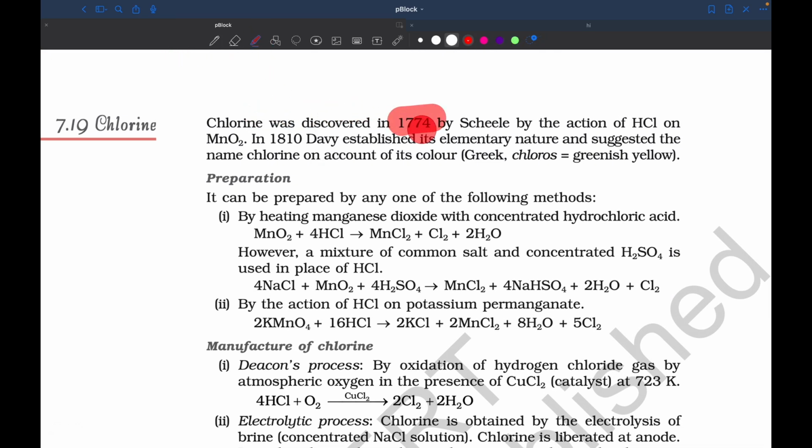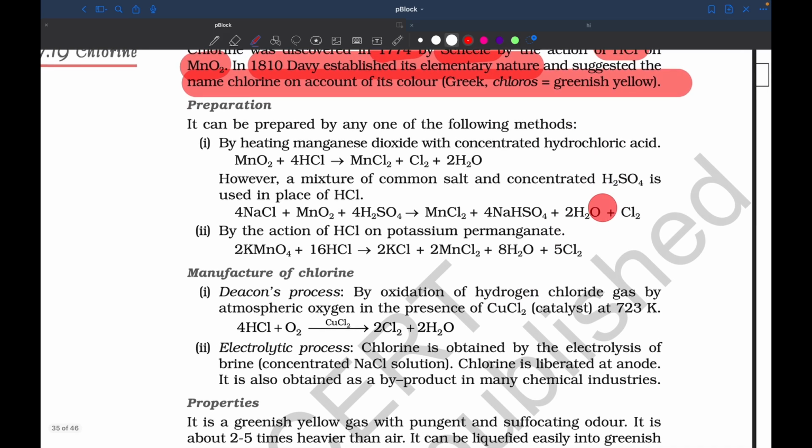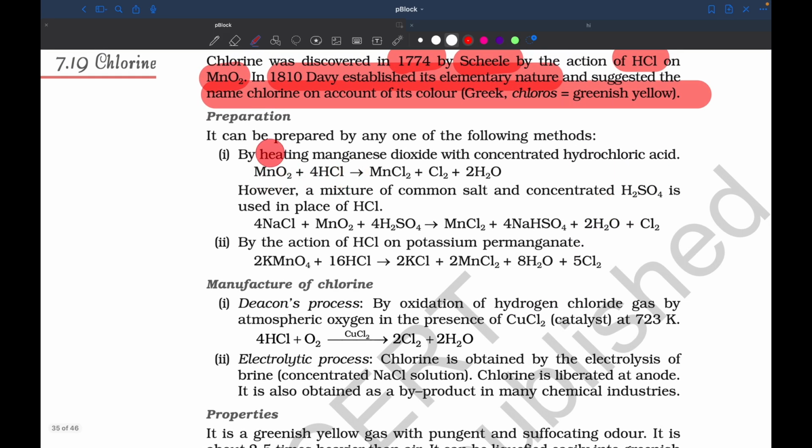Chlorine was discovered in 1774 by Scheele by the action of HCl on MnO2. In 1810, Davy established its elementary nature and suggested the name chlorine on account of its greenish yellow colored gas. These are the preparations you can see here. MnO2 plus HCl gives you MnCl2 plus Cl2.